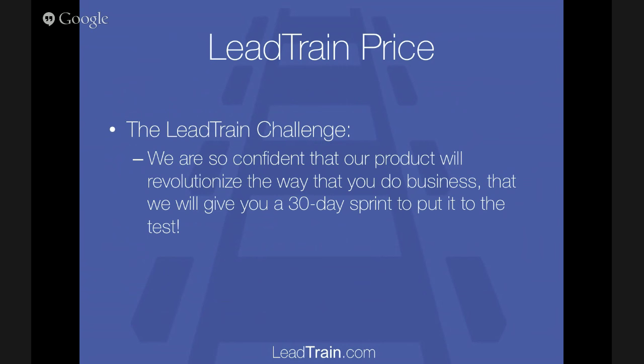So we looked at this and we thought, okay, $25 a month plus we'll give them a 30-day sprint, a 30-day challenge to get their momentum going, to get the business really moving for them. And so it's an even easier transition. You don't have to worry about, is it going to work? You've proven it in the challenge.